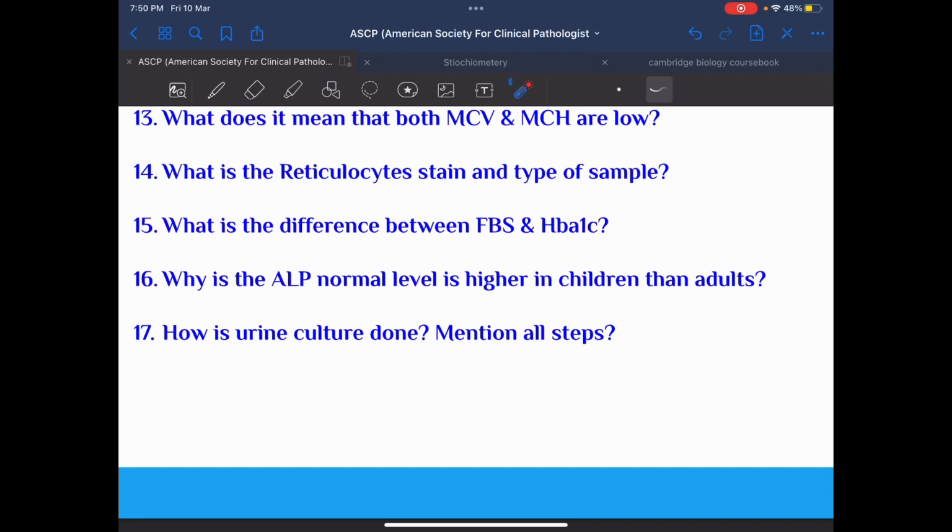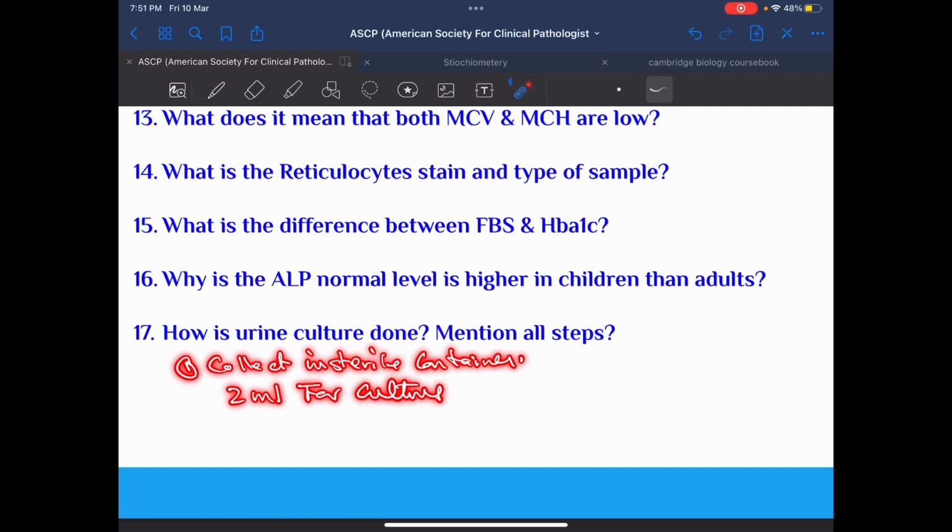Question number 17. How is urine culture done? Mention all steps. First step, collect in a sterile container, at least 2 ml for culture. Mix the urine well before inoculation.